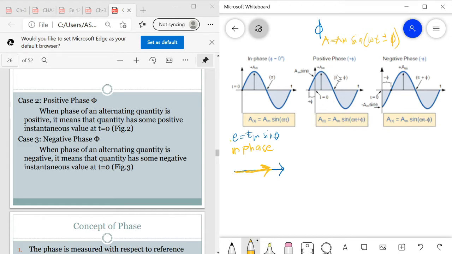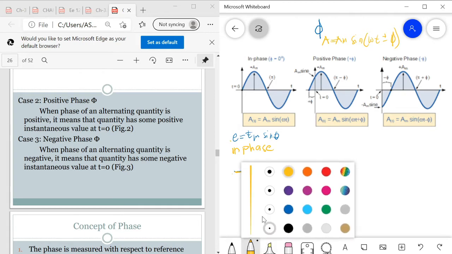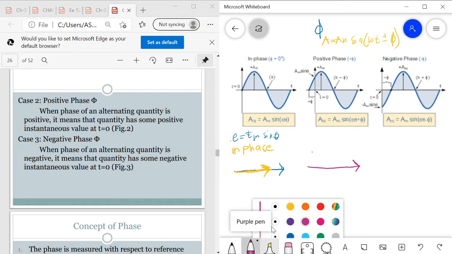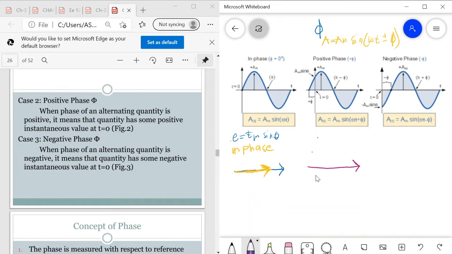If we draw the vector diagram of the positive sequence, we will get like this one. So this is our reference x-axis, and this wave will be drawn like this one. So may angle ka dito na phase phi.